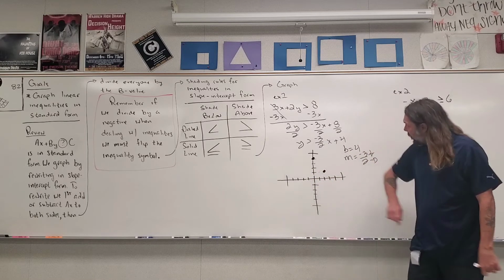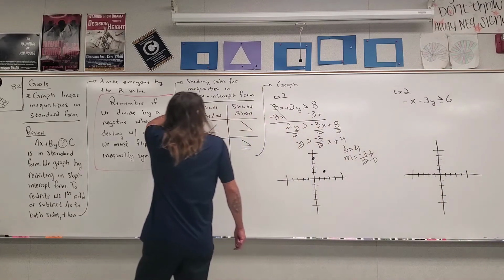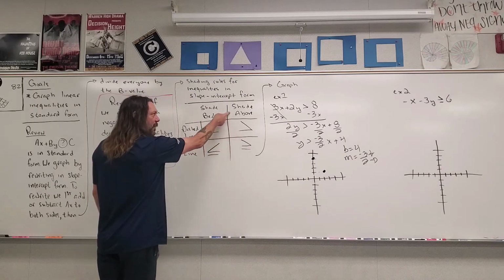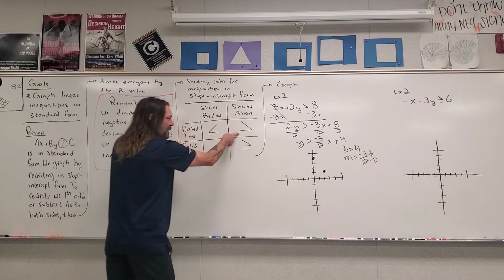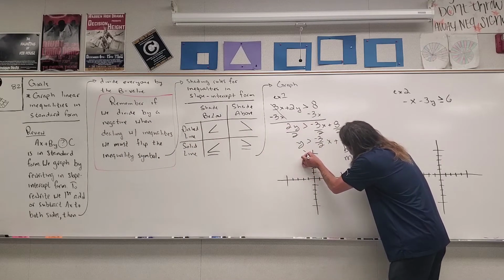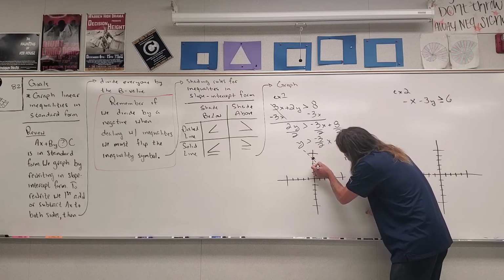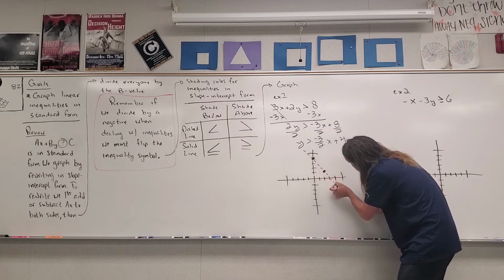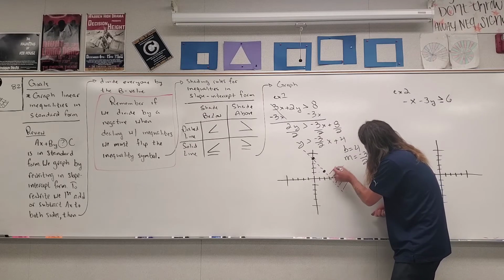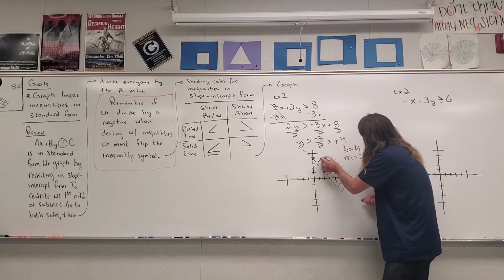So now I'm going to look at what my shading rules are. Okay, I have this symbol, so I'm going to shade above, and my line is dashed. So dashed line, make it clearly dashed, and shade above. You don't need to shade very dark.